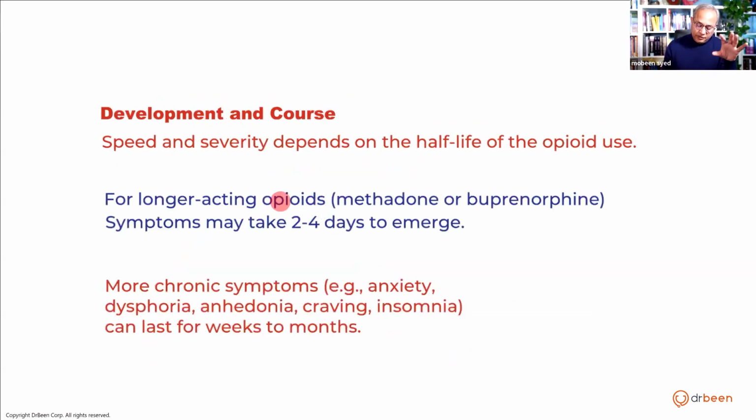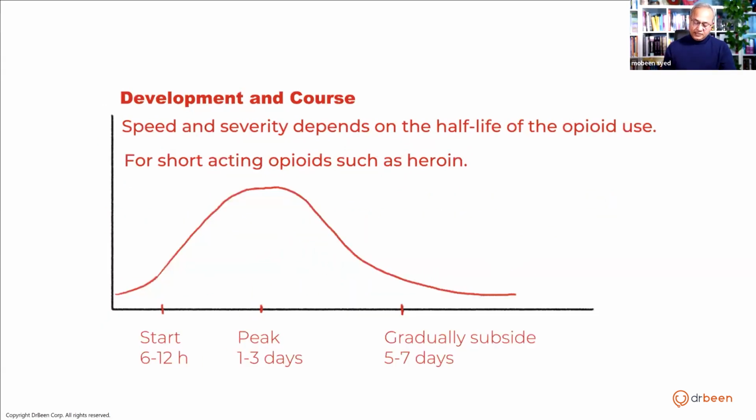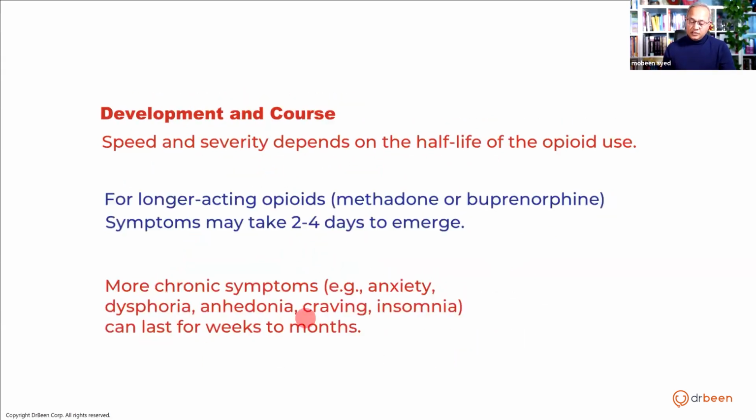Development and course, continuing. Speed and severity depend on the half-life of the opioid. For longer-acting opioids, for example methadone or buprenorphine, symptoms may take 2 to 4 days to emerge. Remember, for the short-acting, within 6 to 12 hours; for long-acting, 2 to 4 days to emerge.